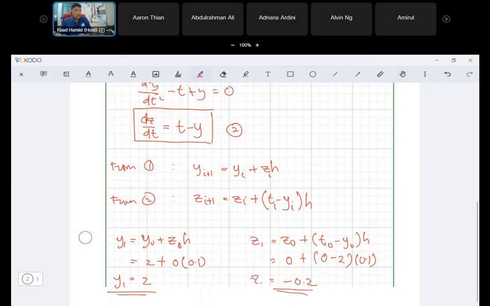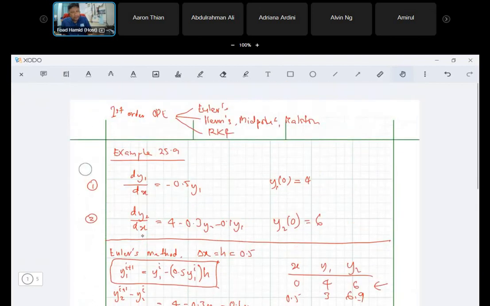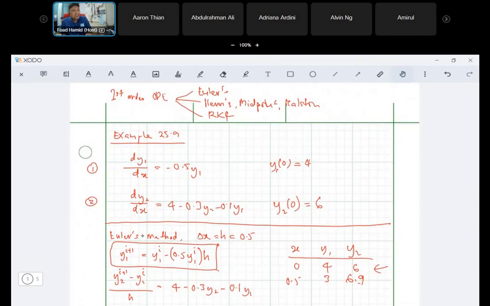So what we have done here is basically converting a second order ODE to become two first order ODEs, because we know how to solve our system of first order ODEs, right? So that's the approach here.